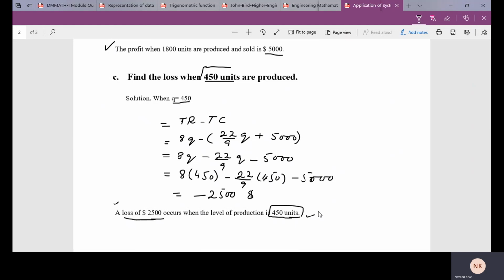In our previous slide, when we sold 1,800 units, the profit was 5,000. But if we sell only 450, in that case a loss will occur. And what is the value of that loss? $2,500. It will be lost when 450 units are sold. This is part C.